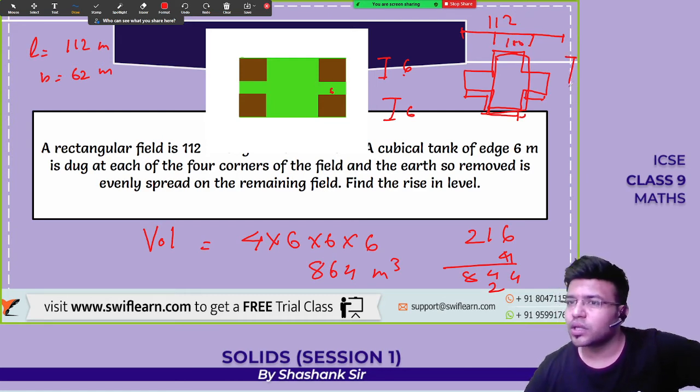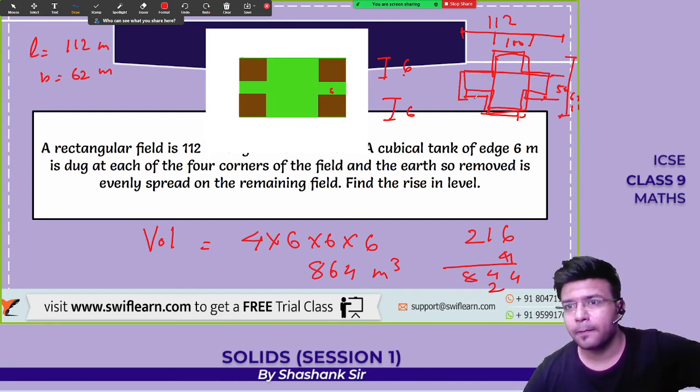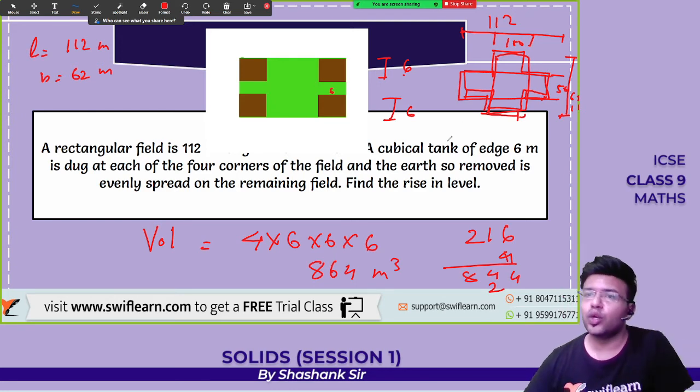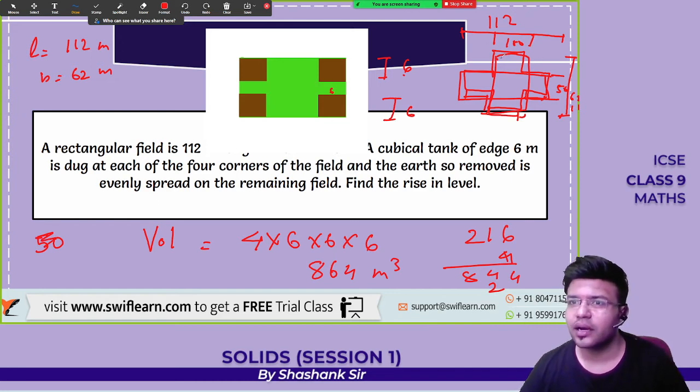Total length is 62. 62 minus 12, so this length is 50. Or let us do the 100. 100 into 50, 100 into 62.